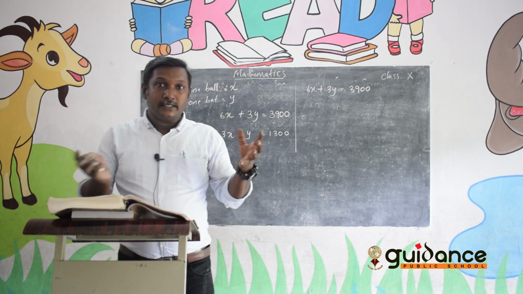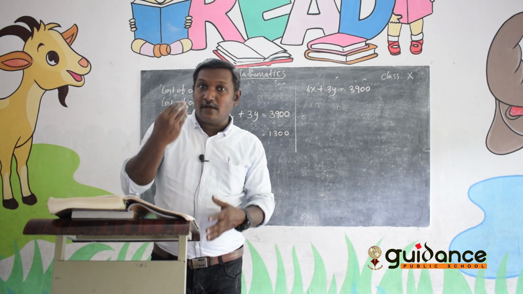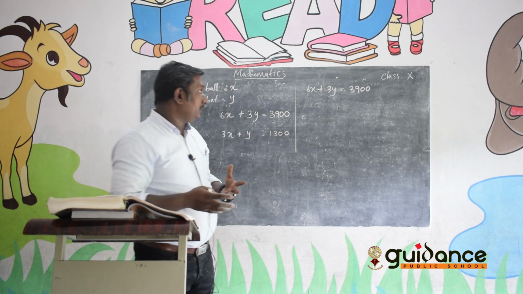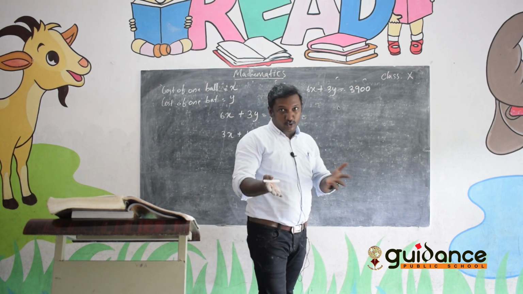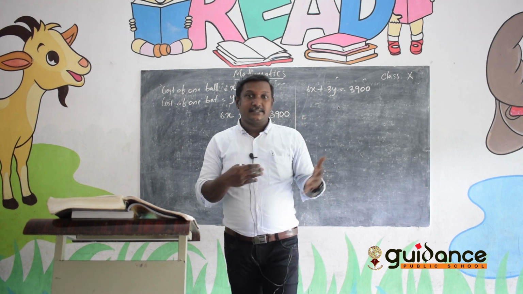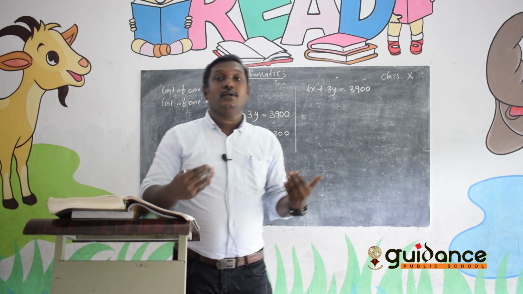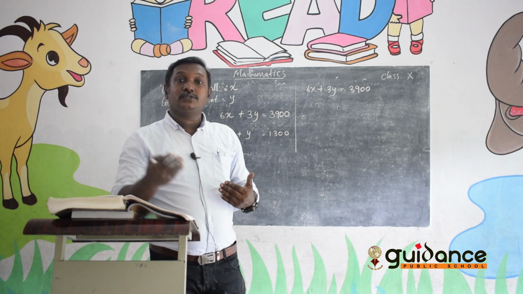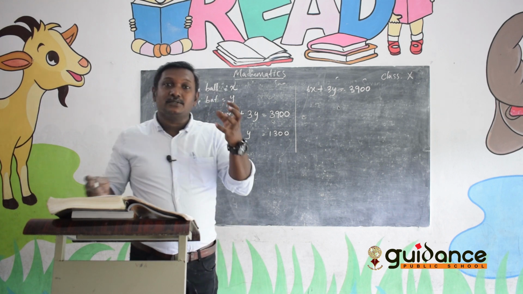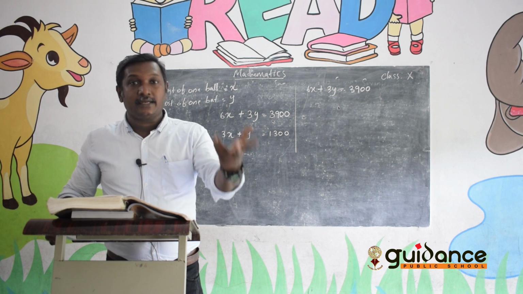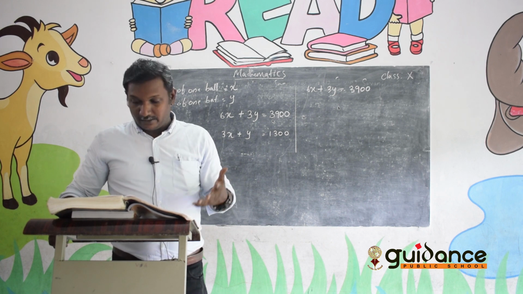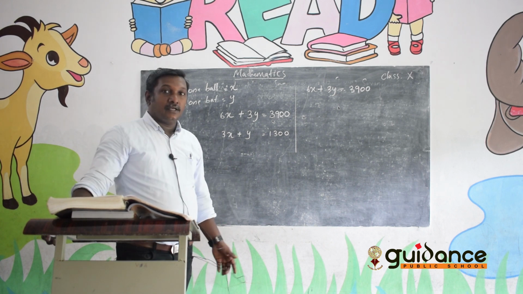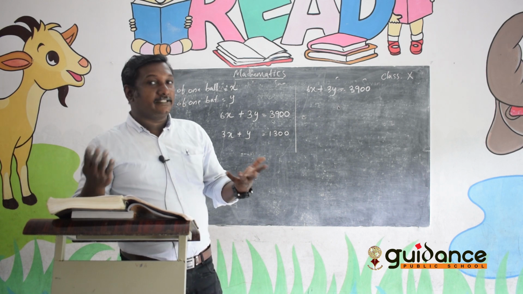If the value after the equal sign is less than 100, we can give 1, 2, 3, etc. If it is more than 1000, we have to give more than 100. First, as usual, we consider x equal to 0.